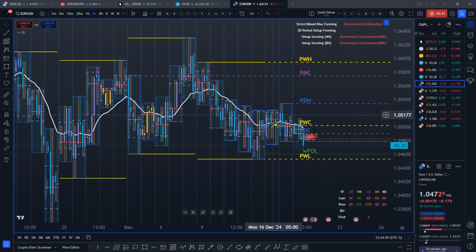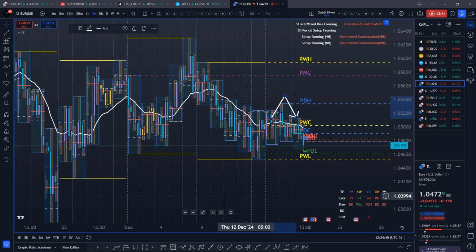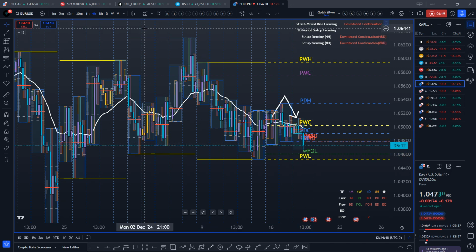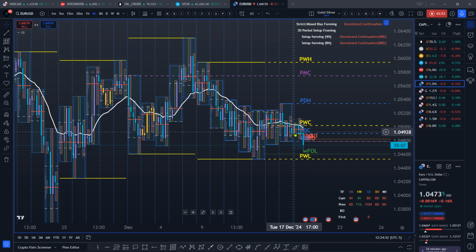So this week, Monday, we opened inside, and we've just been peaking around the previous week close. So there's the peak formation high. This could be a peak formation low that we're putting in today. No idea if it's going to keep going or if we're going to come up. But at the moment, that's the state of play. So we're inside of last week.